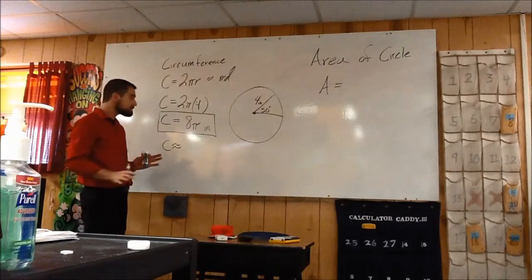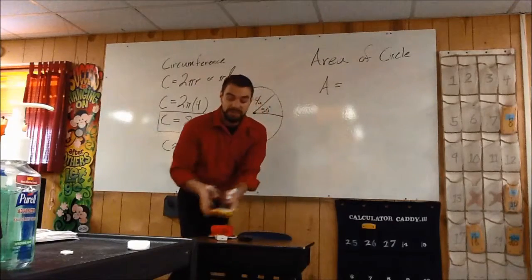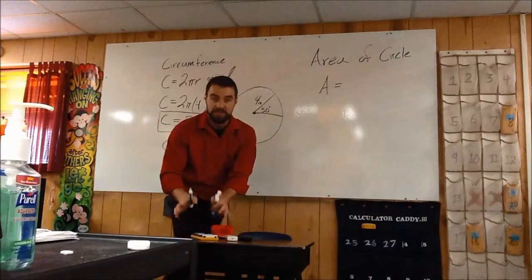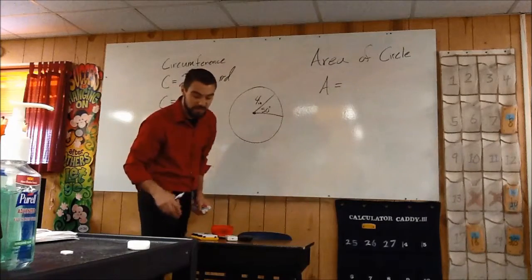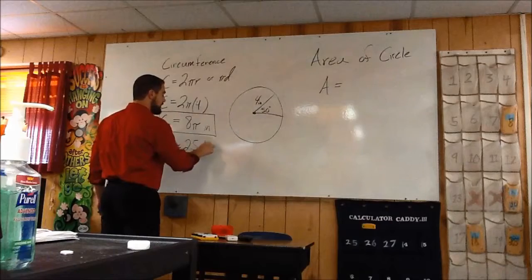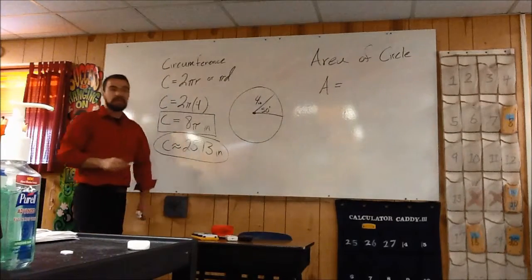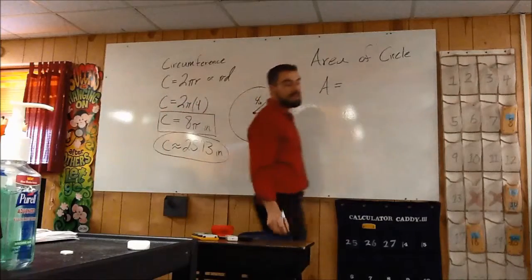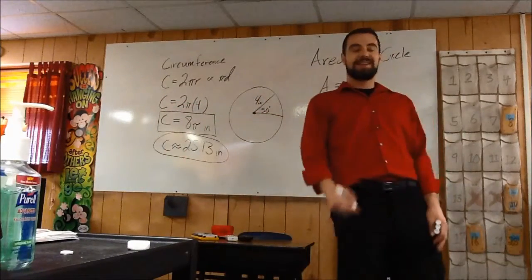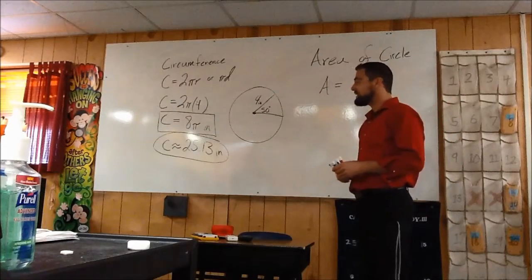We're going to round to the nearest hundredth. That's different from what we've been doing. So it's going to be 25 point what? 13. I'm going to be very particular about units in this next topic. I need to see the units.